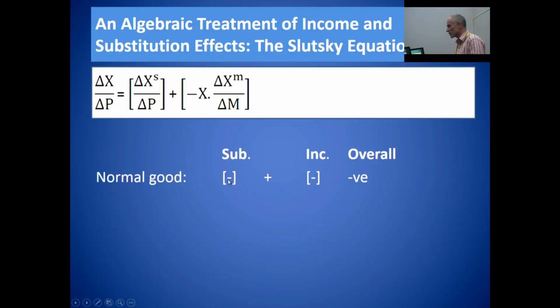And so, we've got a substitution effect that's negative, an income effect that's negative. The overall effect must also be negative. But remember what negative means. It means it moves in the opposite direction to the price change. So there's a negative relationship between price and consumption. What does that define? A downward sloping demand curve. If price falls, consumption will increase.